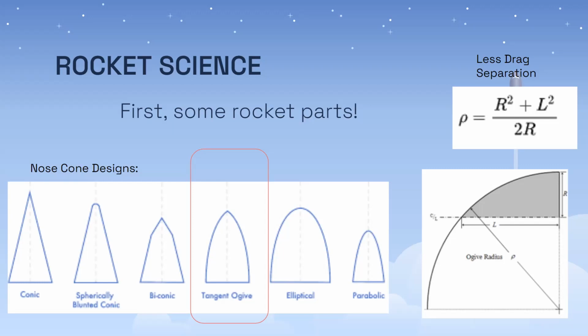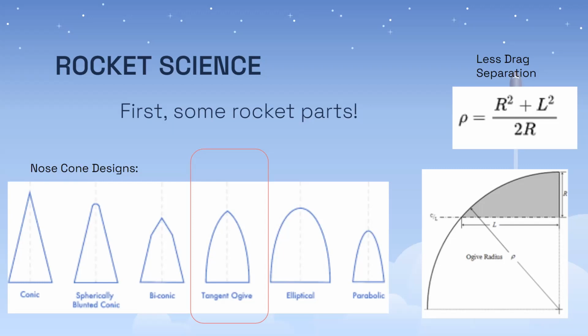The benefit of using tangent ogive cones is that they have less drag separation in terms of their laminar flows. So this basically means that when the rocket is traveling through the air, it will create less turbulence, and therefore it will be less drag inducing.